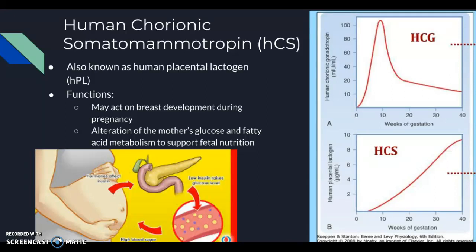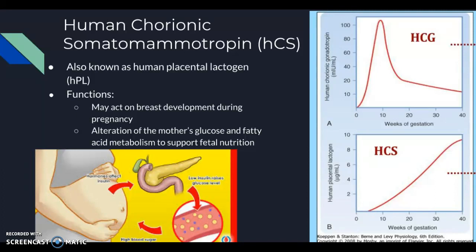How the alteration of maternal glucose metabolism occurs is that this hormone acts to decrease maternal insulin sensitivity. This means that there will be more glucose in maternal blood, and so more glucose will be available to the fetus, which can move through the placenta by facilitated diffusion.